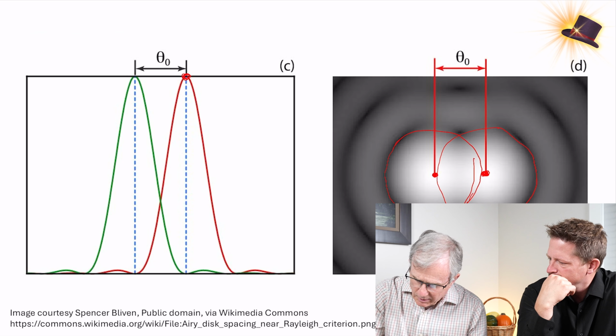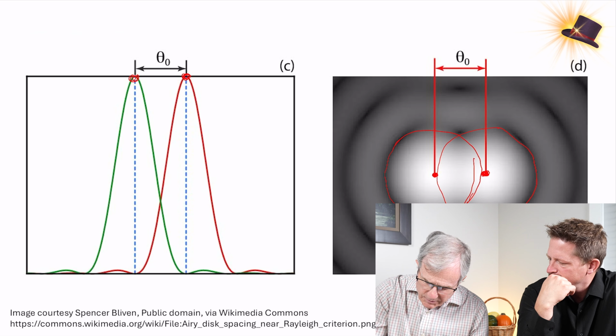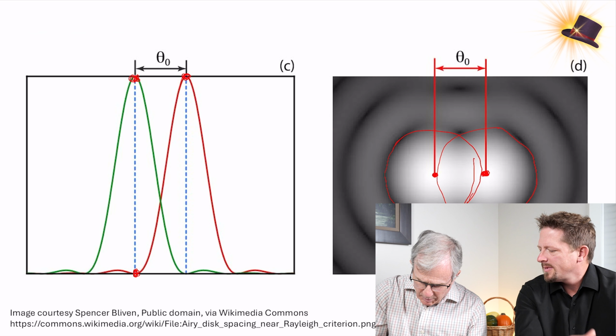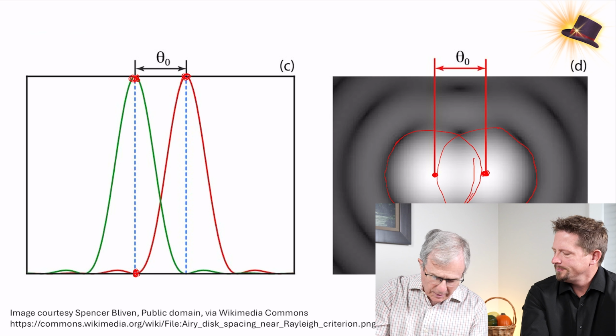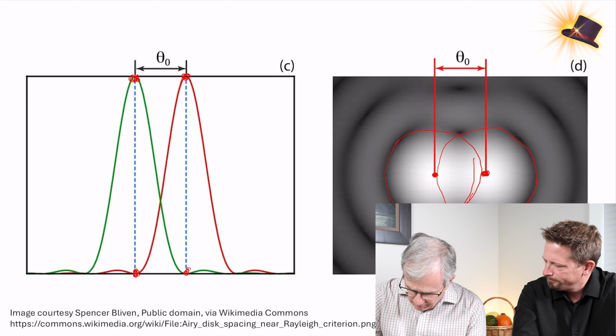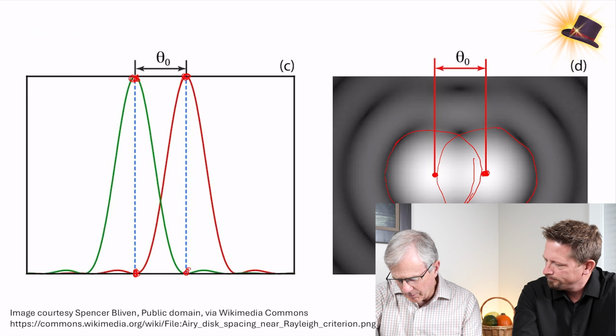So you can see that here. Here's the right star peak, the left star peak. The right star comes down and reaches its minimum at the same place that the left star has its maximum. And then vice versa for the left and the right stars.